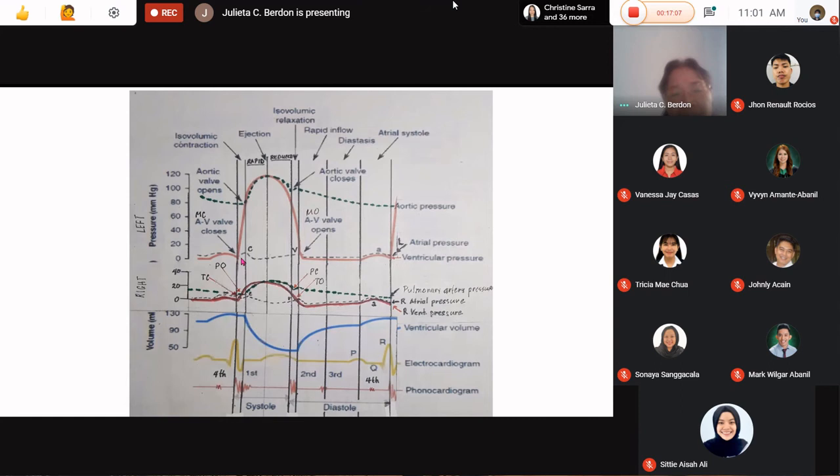It is closure here, closure first, then your systole. And the other, from closure of this one to closure of this one, that will now be your diastole. Do you have questions?